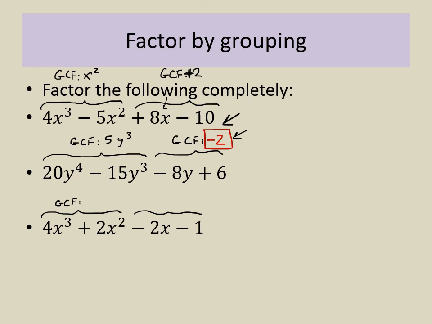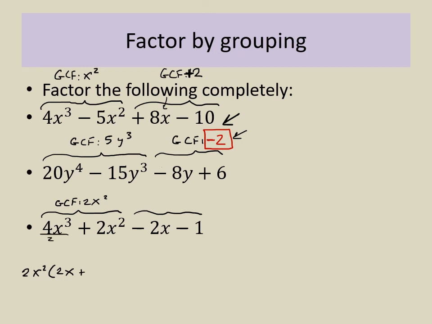You guys can try this on your own if you're confident. The GCF here is going to be 2x squared. So if I factor this out, what do I get? I get 2x and then plus.